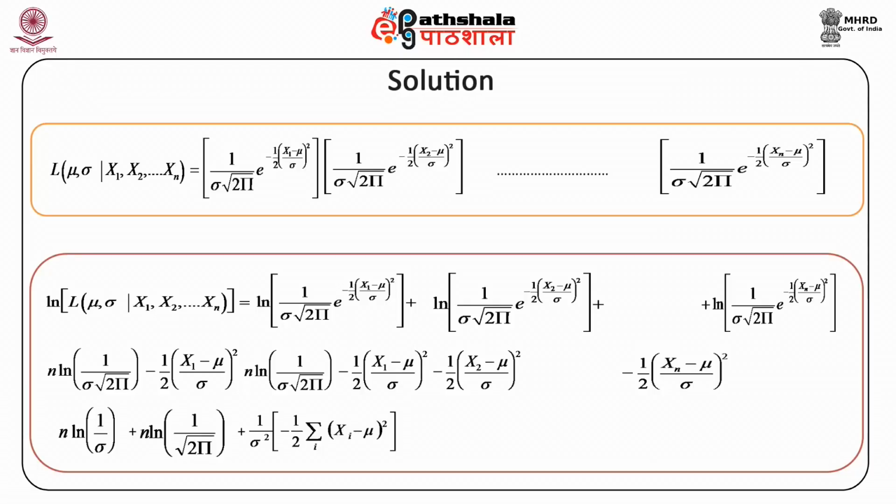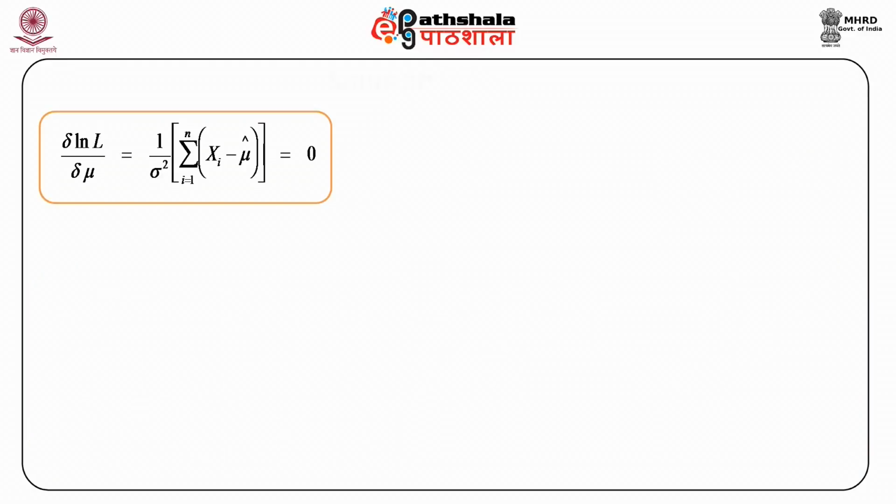To determine the MLE estimators mu hat and sigma square hat, we take the partial derivatives of this log likelihood function with respect to mu and sigma and then equate each derivative to 0. The derivative of ln L with respect to mu gives us 1 upon sigma square into summation over i of (xi minus mu hat).